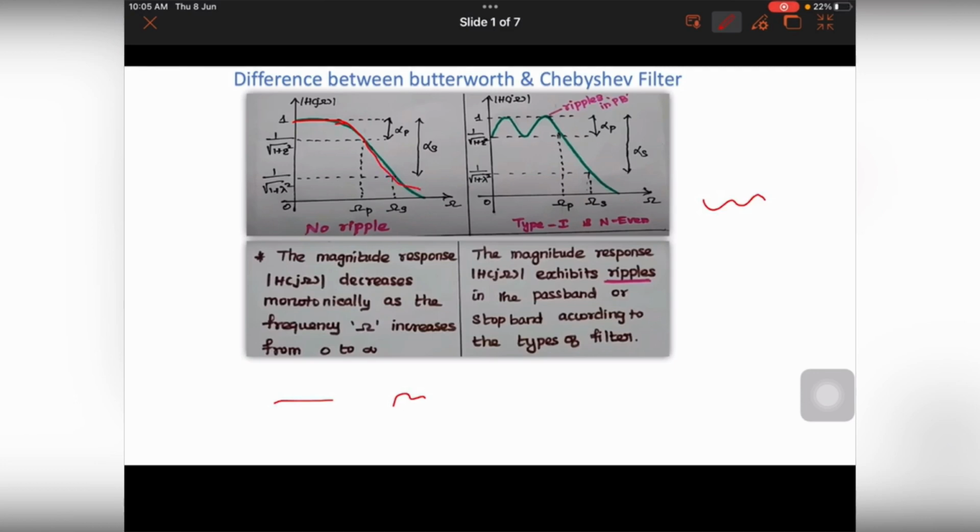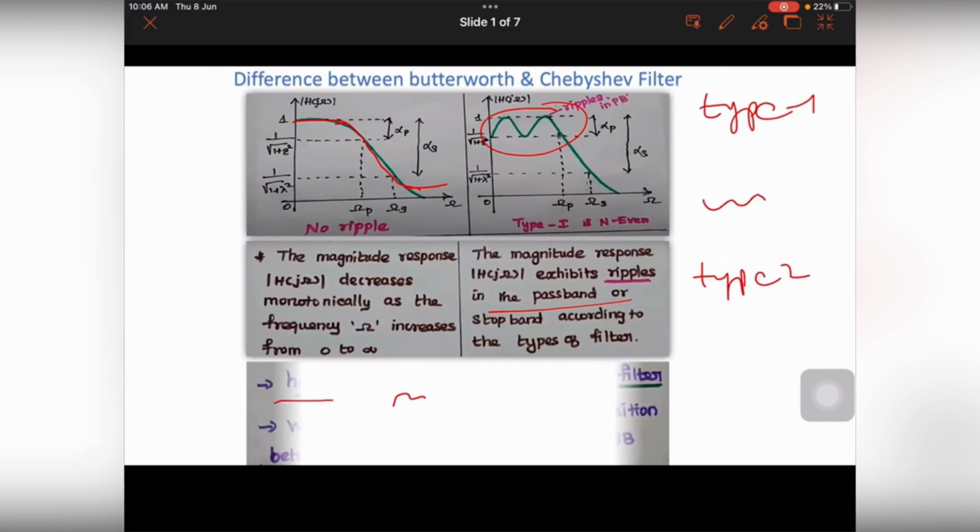So this is the magnitude versus frequency in case of the Butterworth filter. Whereas in the Chebyshev filter, the magnitude response exhibits ripples in the pass band or in the stop band, depending on the type of the filter. If the ripples are present in the pass band, it is known as type 1. If the ripples are present in the stop band, it is known as type 2 filter.